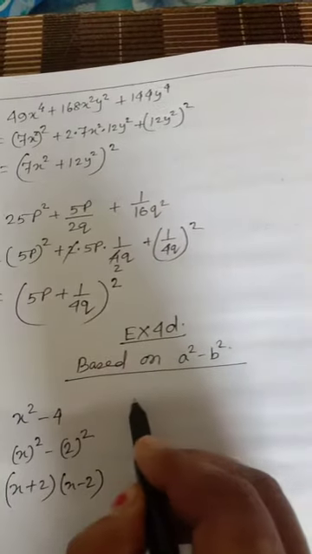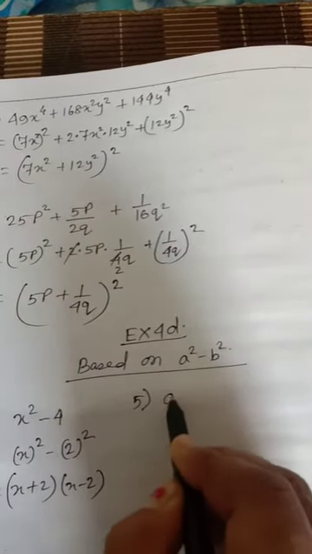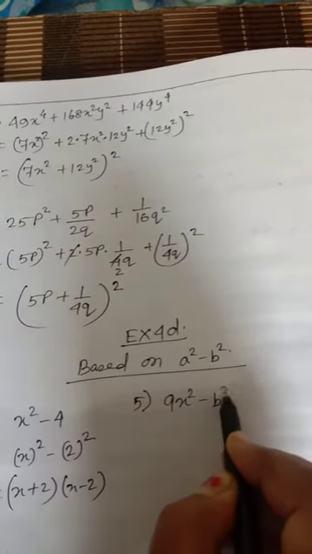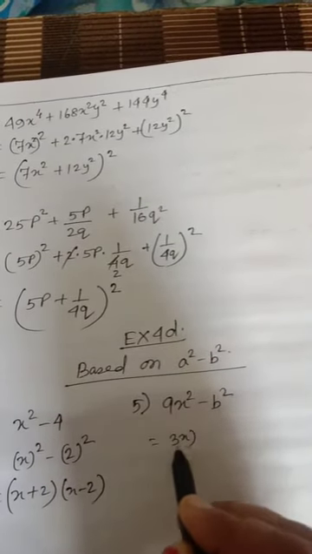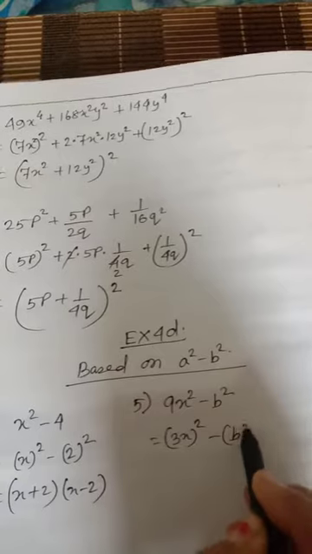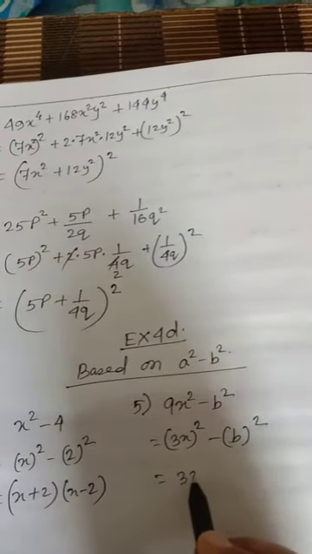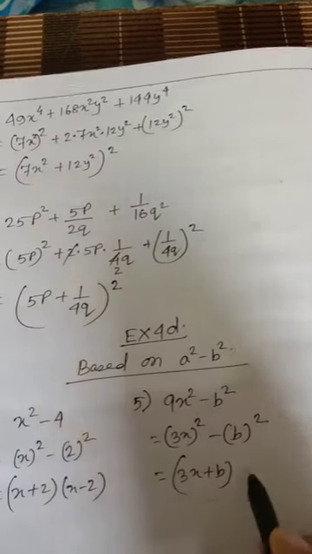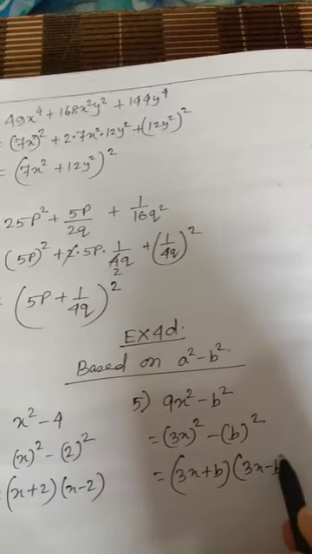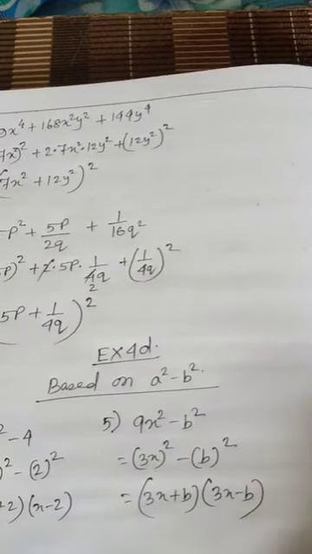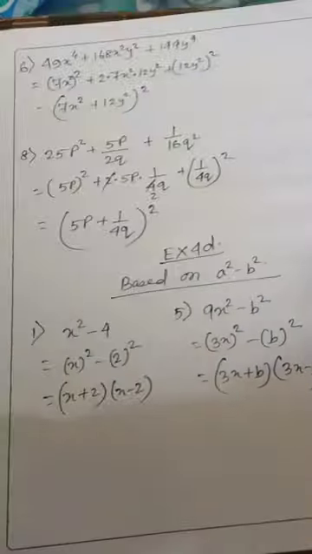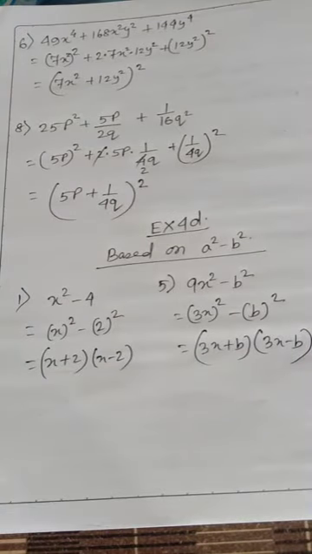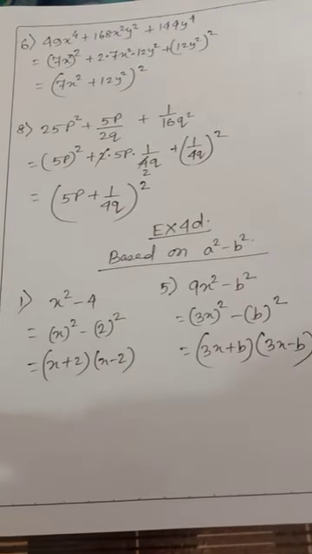Then you see number 5, it is given 9x square minus b square. So may I write it 3x whole square minus b whole square, or it is 3x plus b, 3x minus b. So this is based on the identity of a square minus b square.